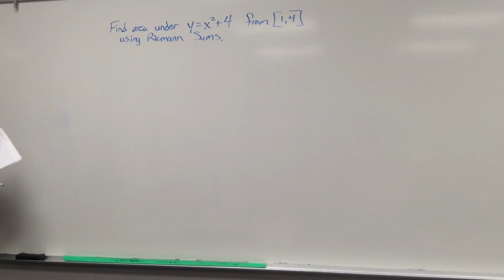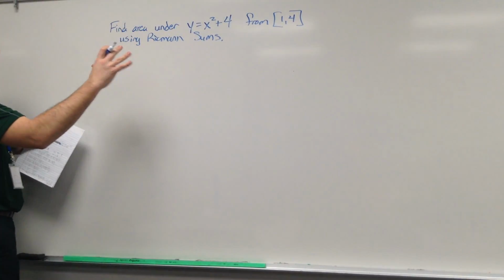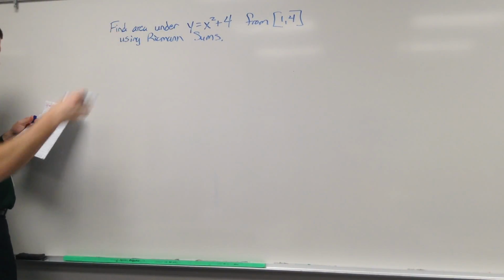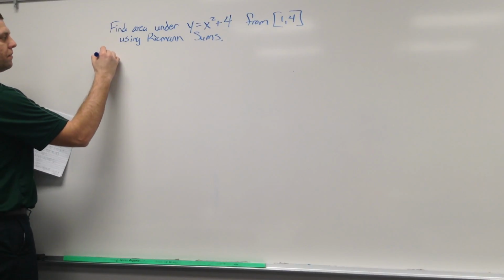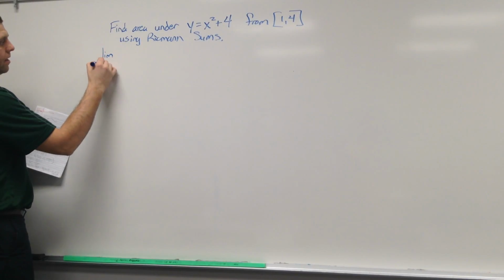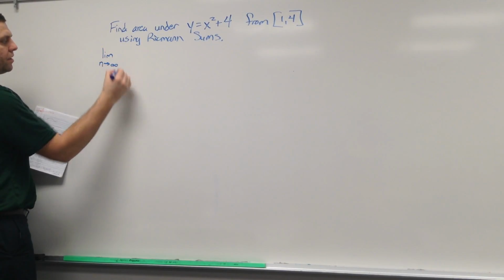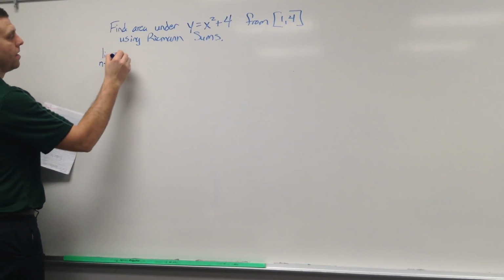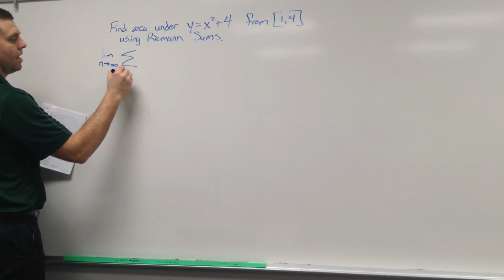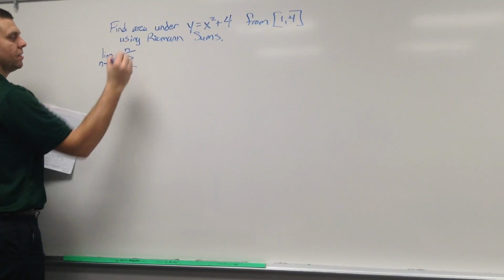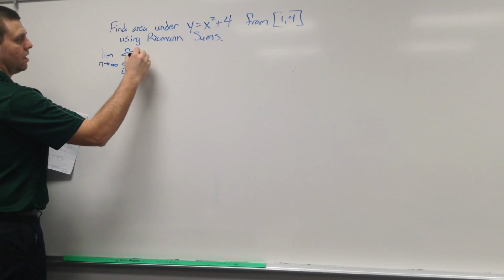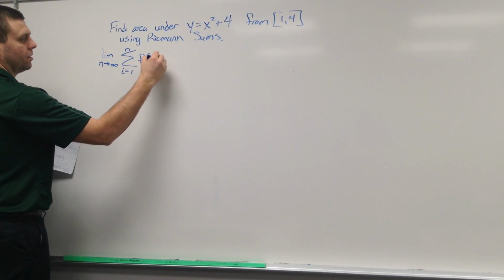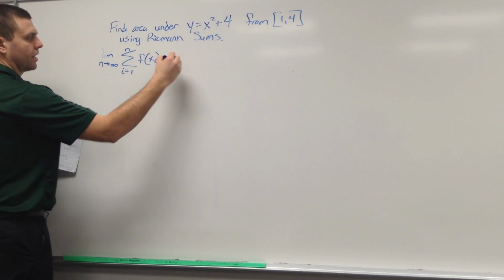All right, so using Riemann sums, this is the last thing that I wrote down there. We're going to find the limit as n approaches infinity of the sum as i goes from 1 to n of f of x sub i times delta x.